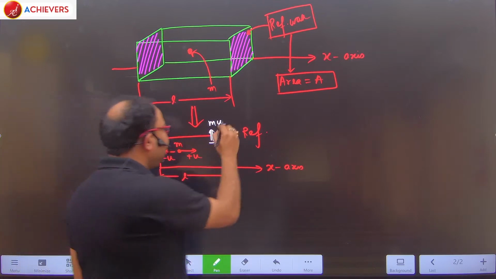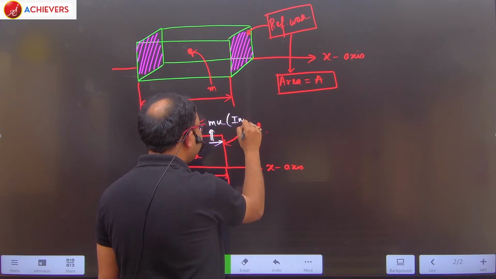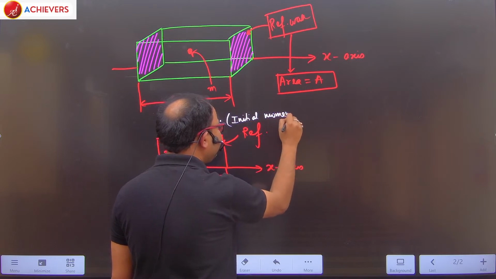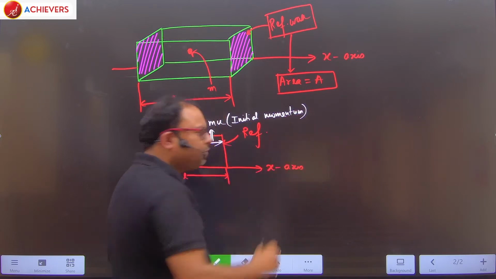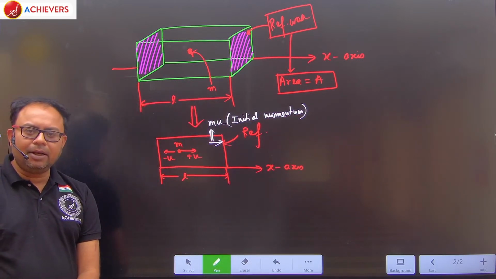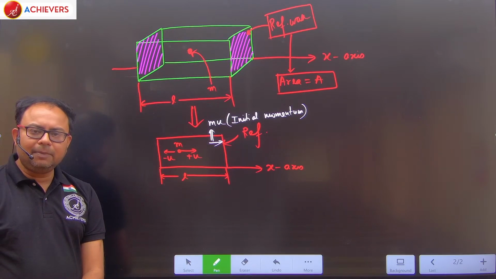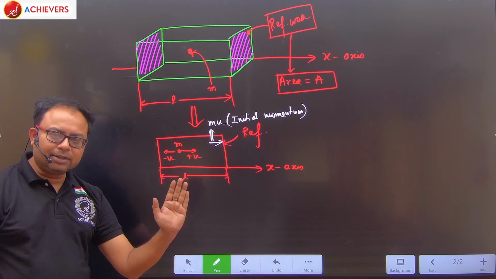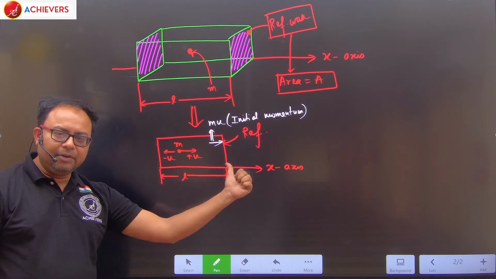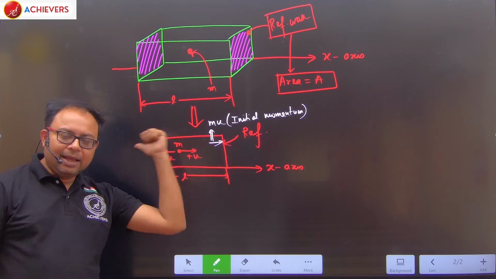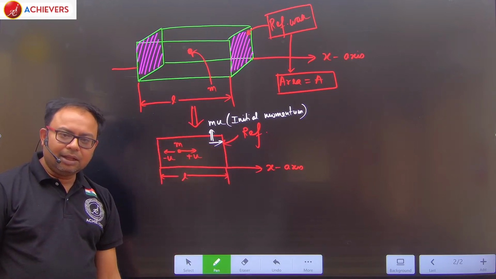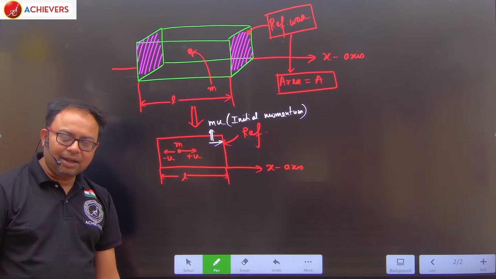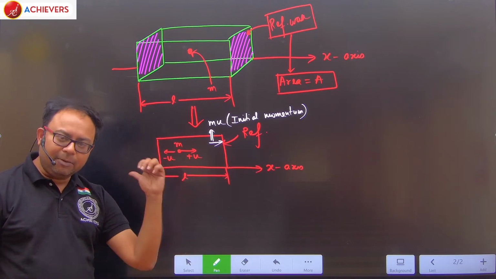This is the initial momentum of the molecule. And after collision, the molecule will change its direction and move in the backward direction.